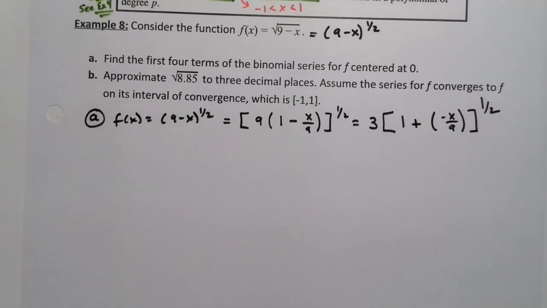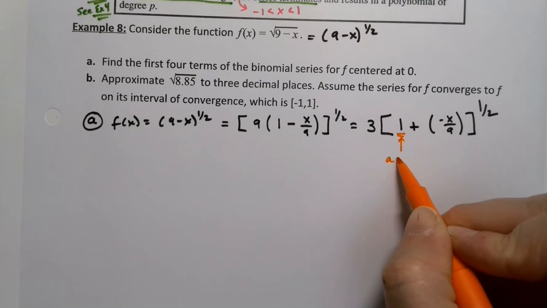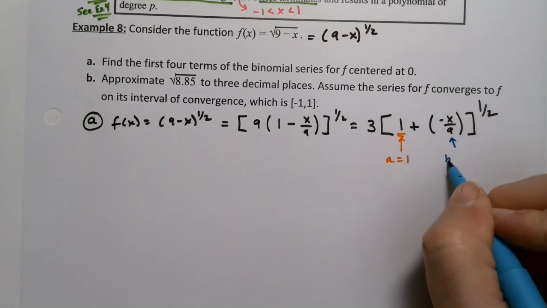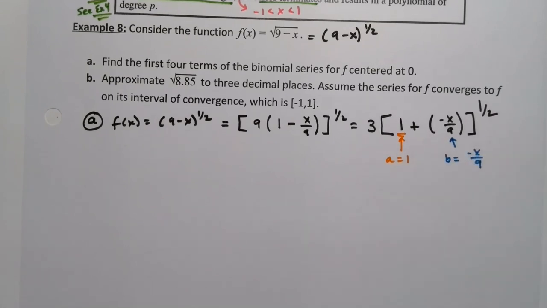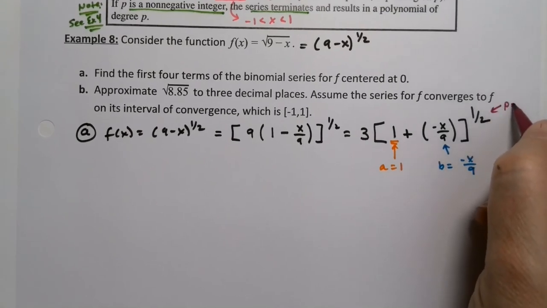All right, so I've got my a, my b, and my p. A for me is 1. B is negative x over 9. Excuse me, my p, there it is, 1/2.